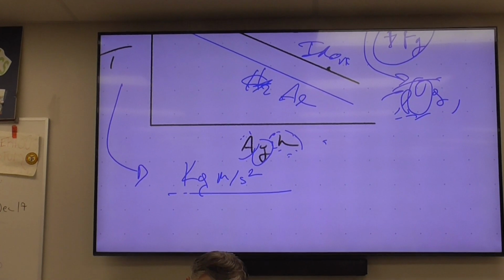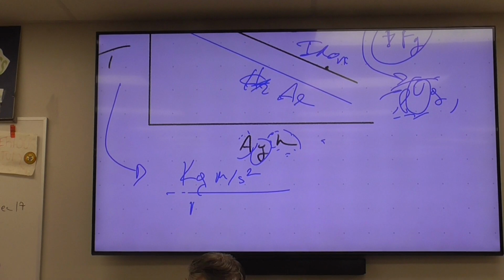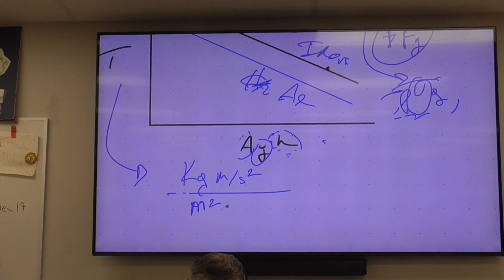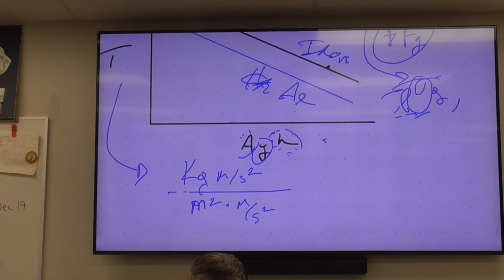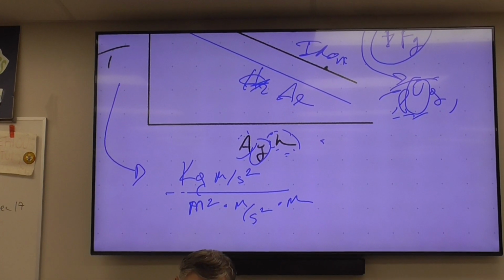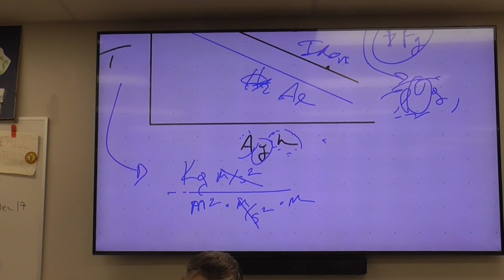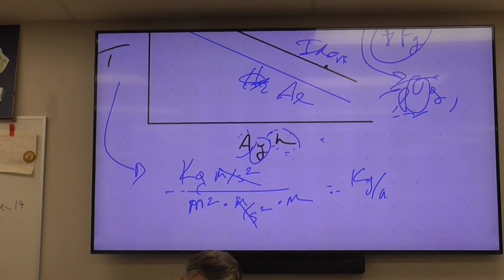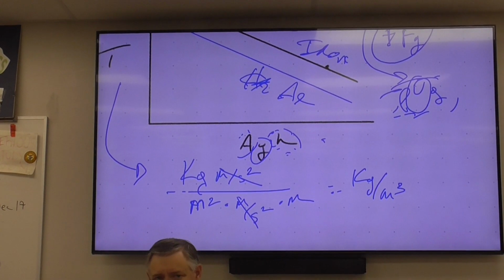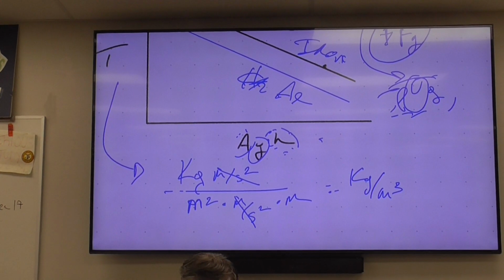On your y-axis you've got newtons. Your x-axis is your area in meters squared, times acceleration in meters per second squared, times height, also in meters. Those meters squared cancel out, and the only thing you're left with is kilograms per cubic meter, otherwise known as density. It's a clever way to look at density.